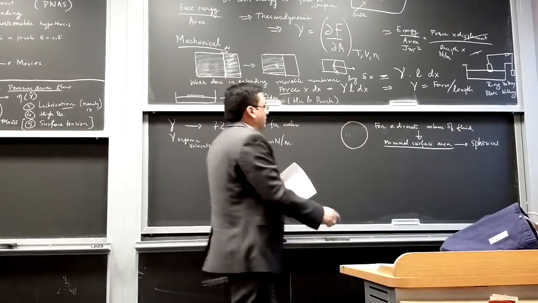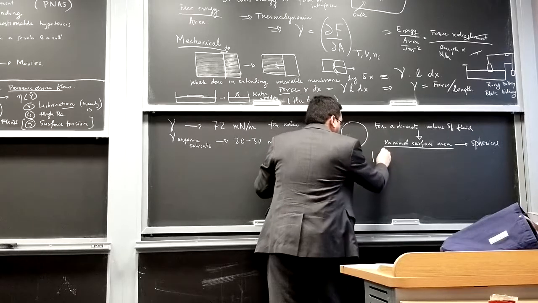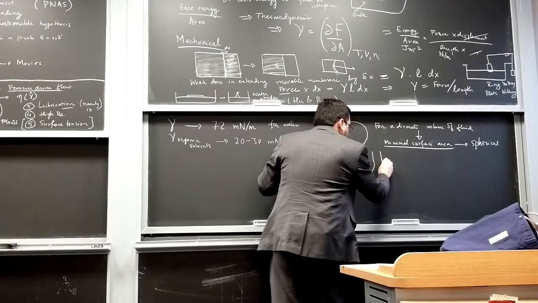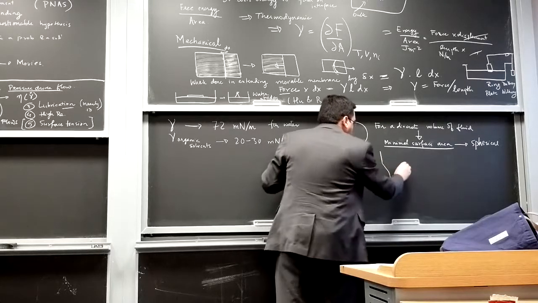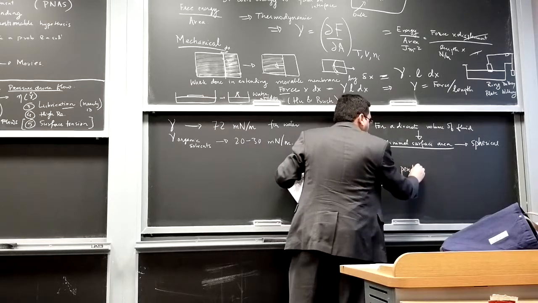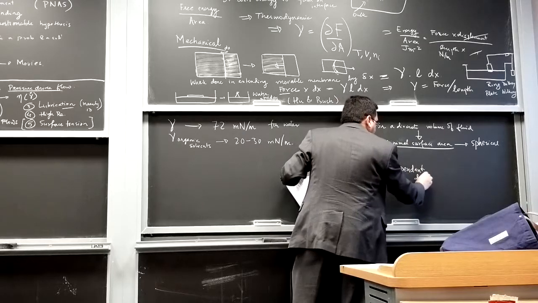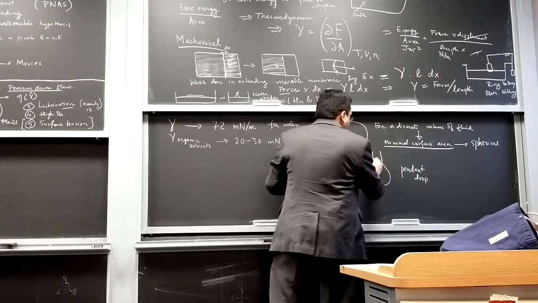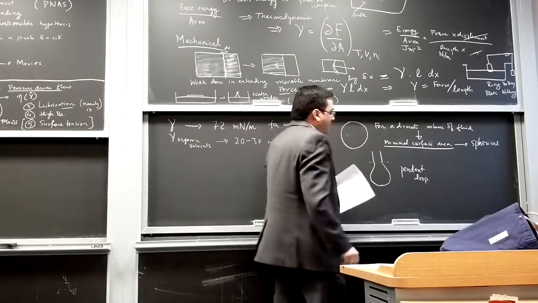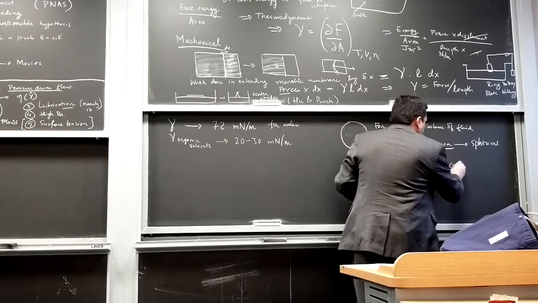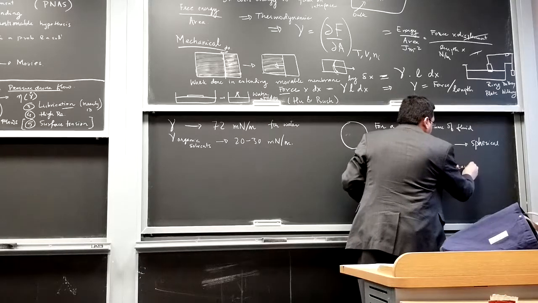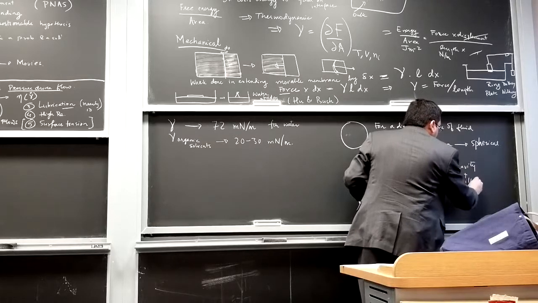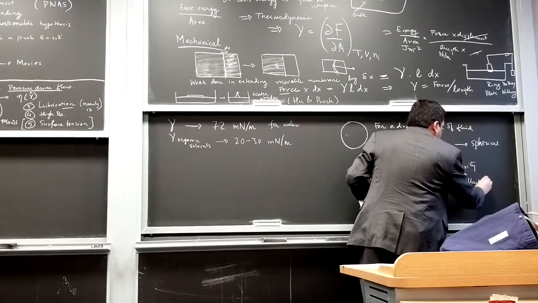Now, if I take a drop and hang it from a nozzle, this configuration is called a pendant drop. In this case, there are two forces that act on it: gravitational force and the capillarity or surface tension force.